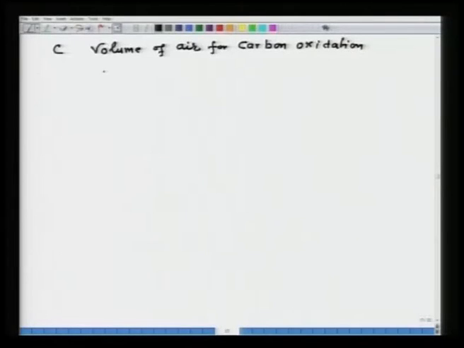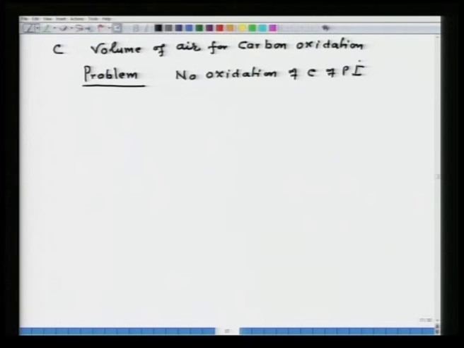Now, the problem says no oxidation of carbon of pig iron, so it becomes a little simple. The problem also says that the exit gas CO to CO2 ratio is 1:1.